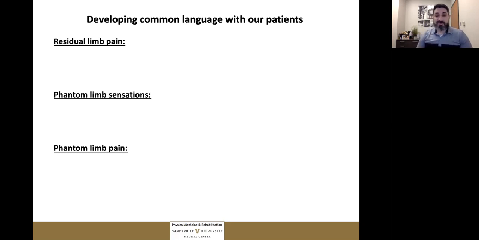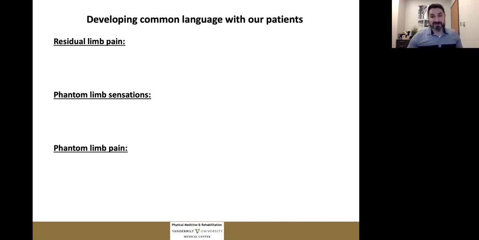So we'll ask patients, do you have phantom? They say, yeah, I got that phantom pain. Wait a second, what do you mean? Are these sensations? Is this pain? So it's good to develop a common language with them, so that they know what we mean and they communicate faithfully back to us what they're experiencing, so we can figure out what needs doing.